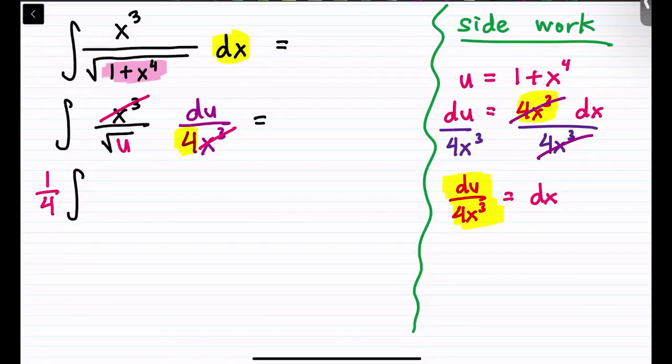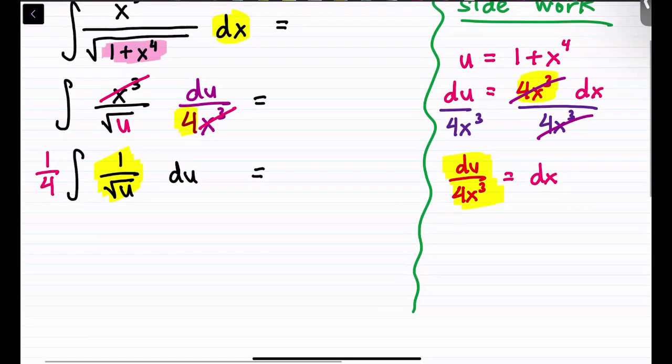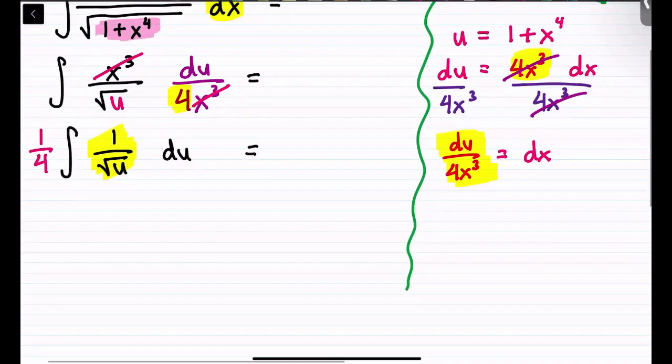And so now we will just focus on integrating 1 over square root of u. Now let's rewrite 1 over square root of u so that we are no longer dealing with fractions and the square root symbol. So we have 1 over 4 times the integral of u to the negative 1/2.